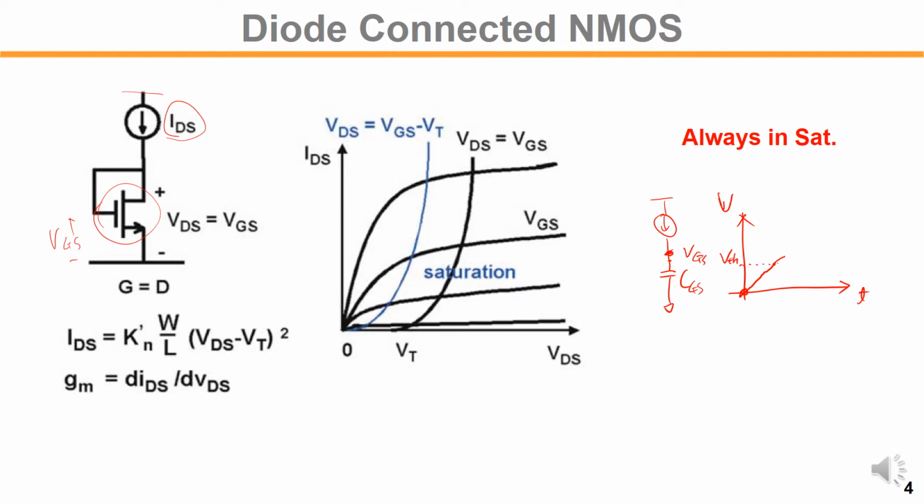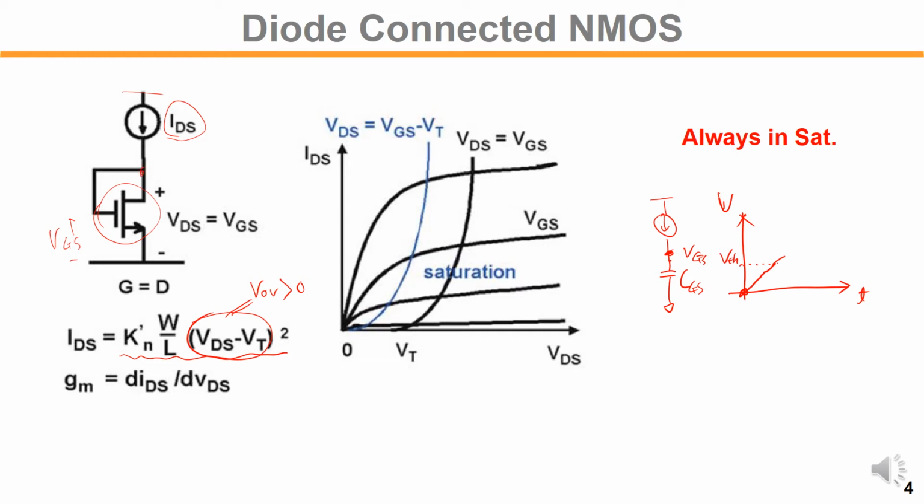But with this equation shown here, the square law device model, if VGS goes above VTH, then the overdrive voltage will be non-zero, right? The overdrive voltage will be greater than 0, so current flows.